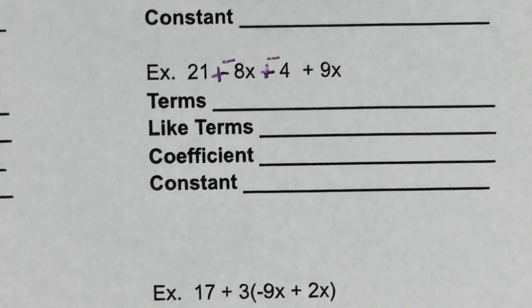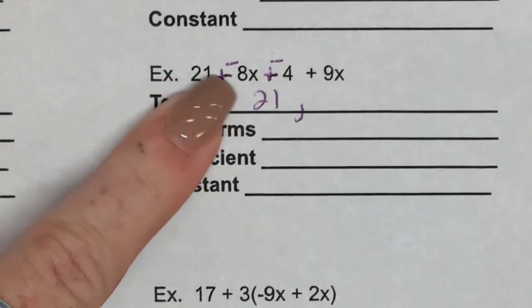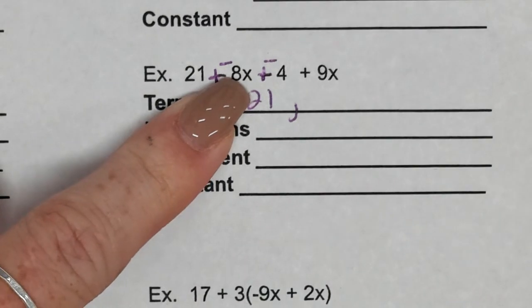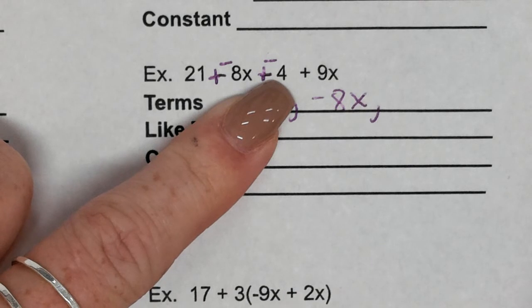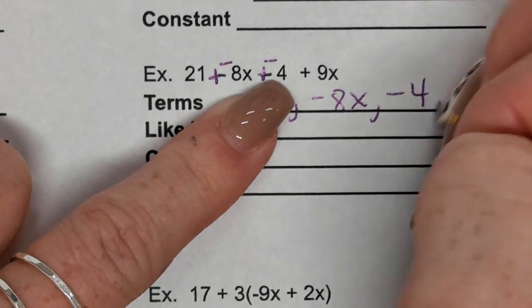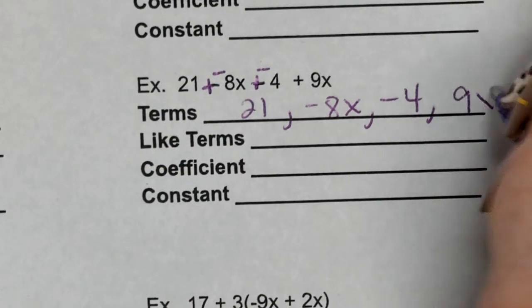What are terms? They are separated by adding and subtracting. So how many terms are there? 4. I have a term of 21, comma, now what? Negative 8x, comma, negative 4, and 9x.